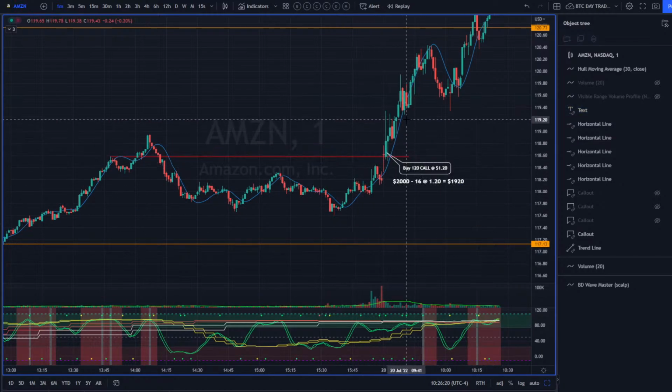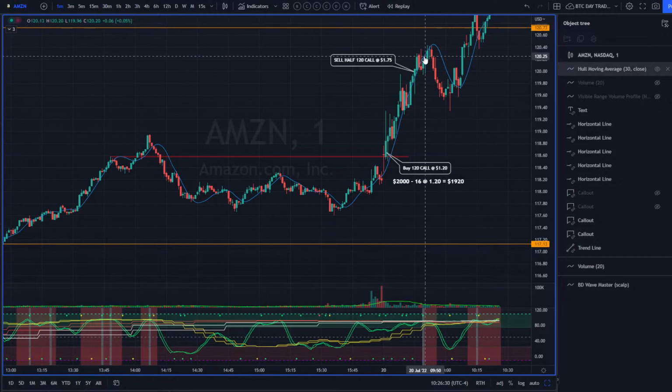Then we see a nice big move up. We've got this key level here at about 120, 121. We're approaching that level, and so we decide to take a little bit of profit as we approach it, because we could get a rejection at any time.